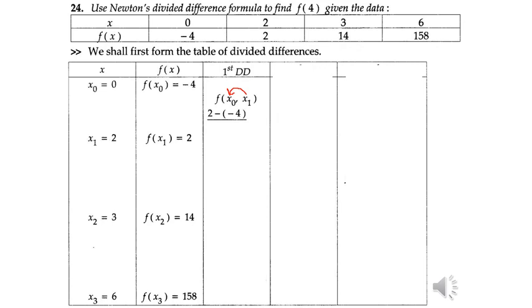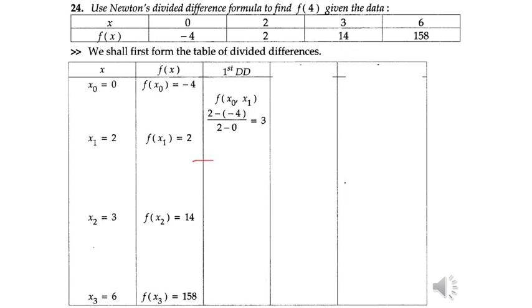So where is x1? Here. Divided by 2 minus 0 we write. So we write 2 minus 0 in this denominator. If you simplify this, you will get the answer as 3.